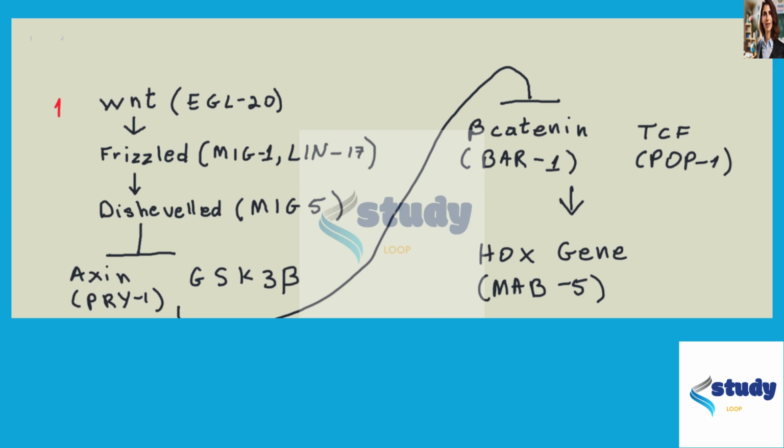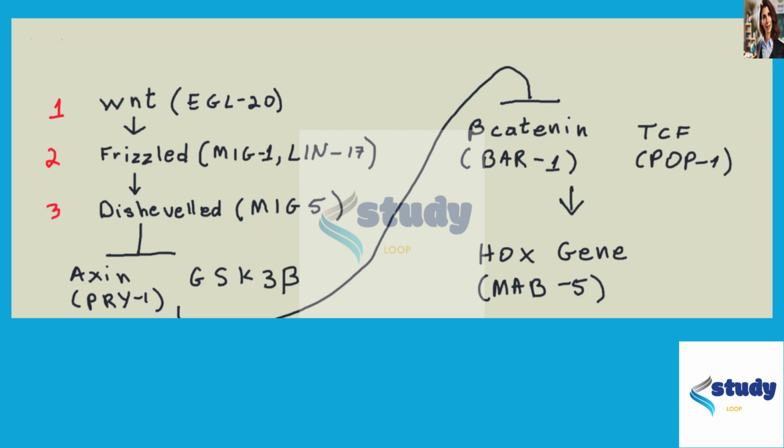So at level 1, we have this thing called want. Want upregulates level 2, which is frizzled. Frizzled upregulates this level 3, which is disheveled. Disheveled downregulates level 4, which is the beta catenins. Oh, I'm sorry, actually, I apologize. Level 4 is down here.